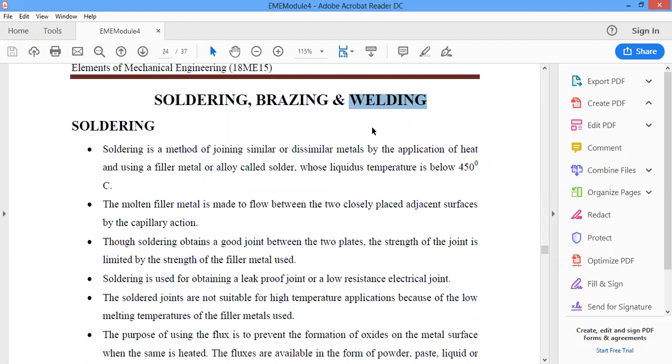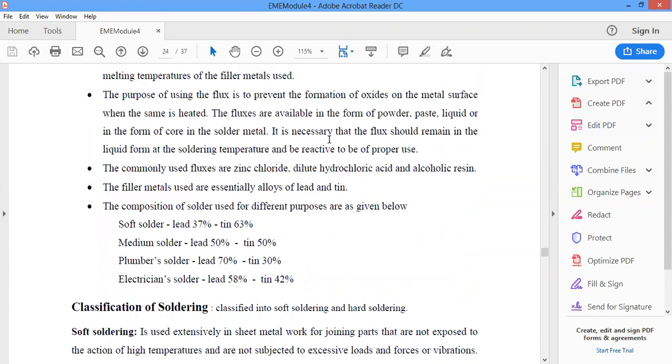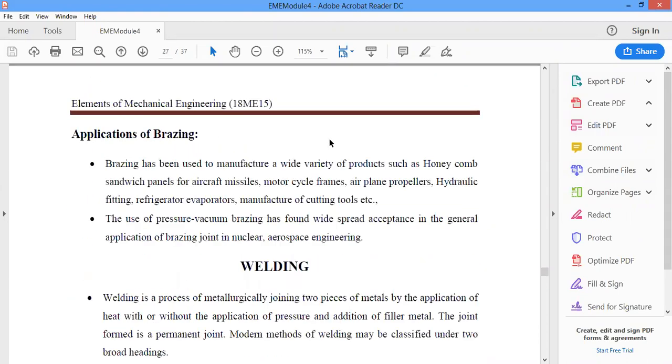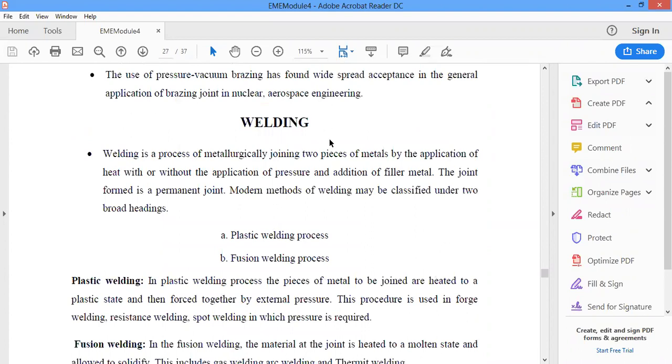The other is to weld it. Welding and brazing are permanent joints, whereas nuts and bolts are temporary joints. We can remove them when we don't need them. But welded joints are not like that. Once welded, it cannot be separated. Let me start with welding, and then we shall see soldering and brazing.